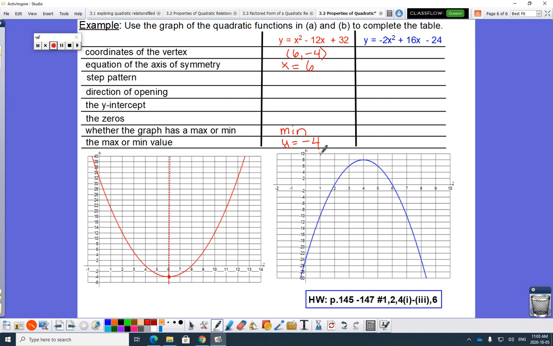The step pattern, so it's over 1. Now this graph goes by 2s. That's tricky. So it's like over 1, up 1, because it goes by 2s. Over 1, up 3, over 1, up 5.